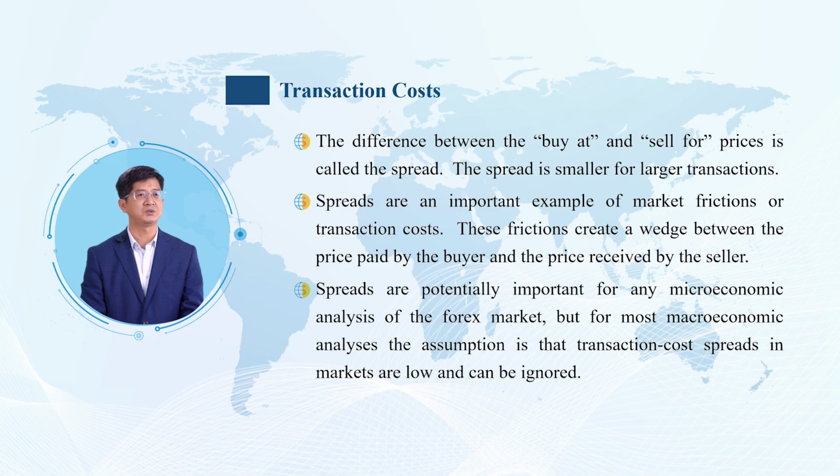Spreads are particularly important for some analyses of the forex market, but for most macroeconomic analysis, the assumption is that transaction cost spreads in the market are low and can be ignored.